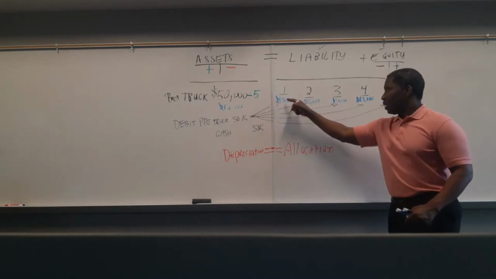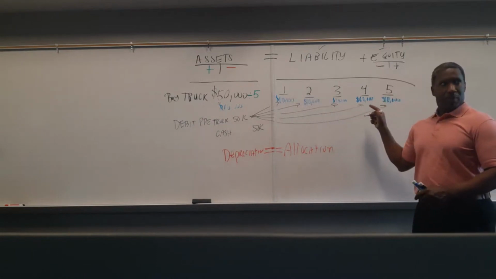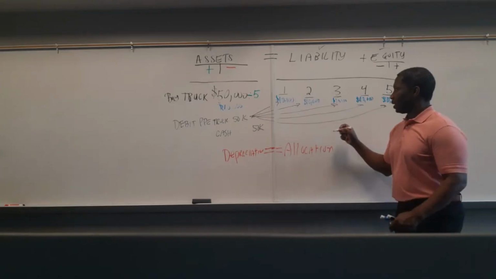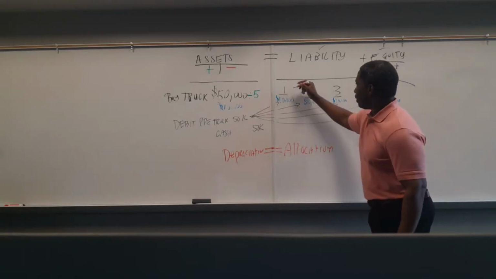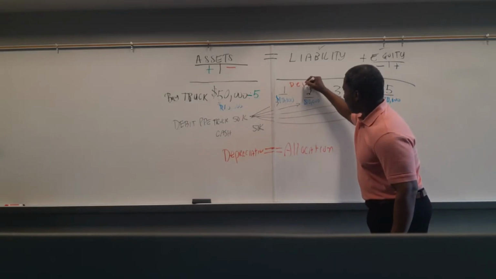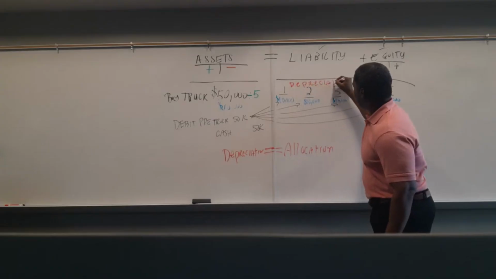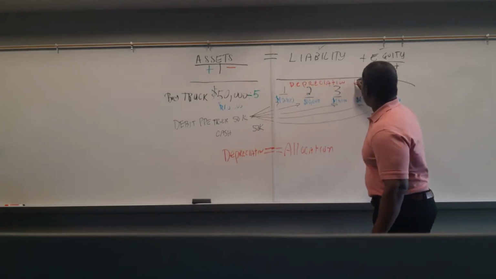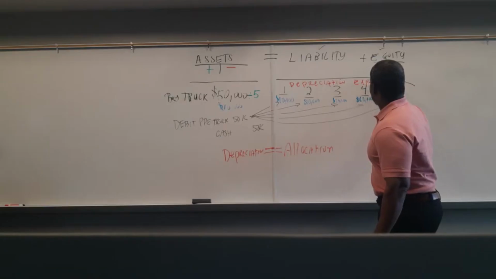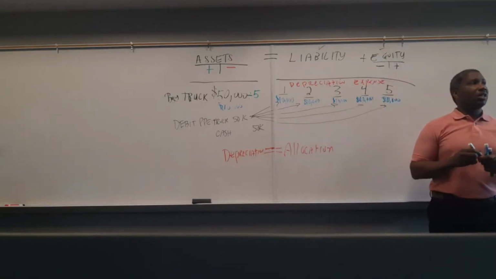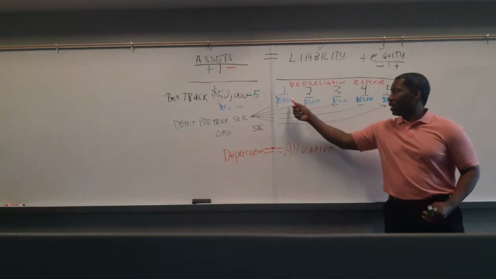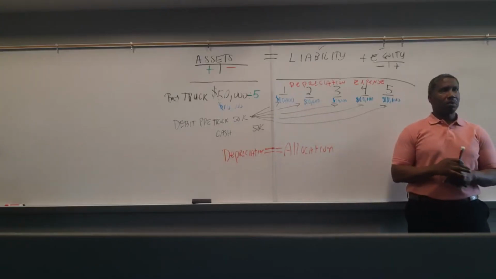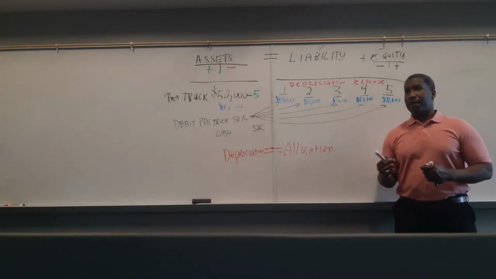Allocation to what? My income statement. Every year I do it, I'm going to put this in my income statement using the account called depreciation expense. Okay? I'm going to debit depreciation expense to increase it every year. We good so far?